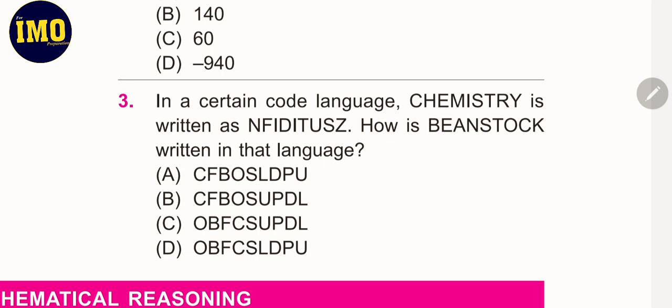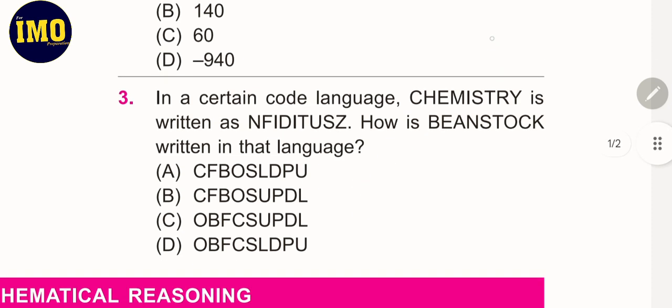For example, if you write down the letters of chemistry, you just use it this way: A, B, C, D, E, F. Before this, I also use one more thing.